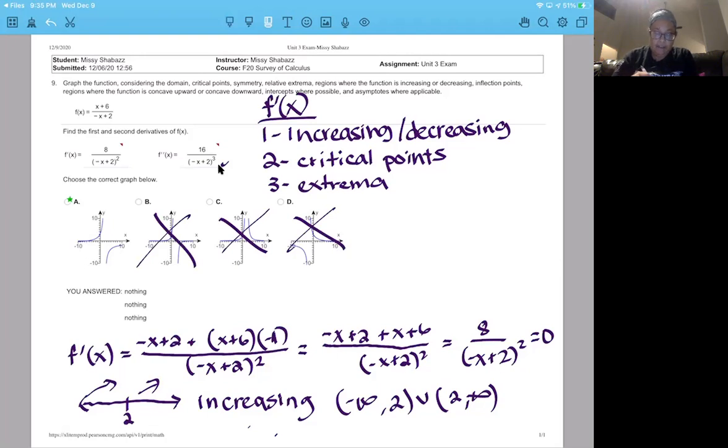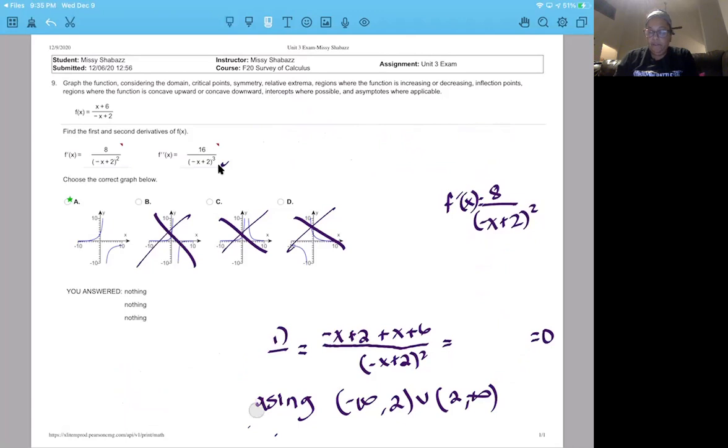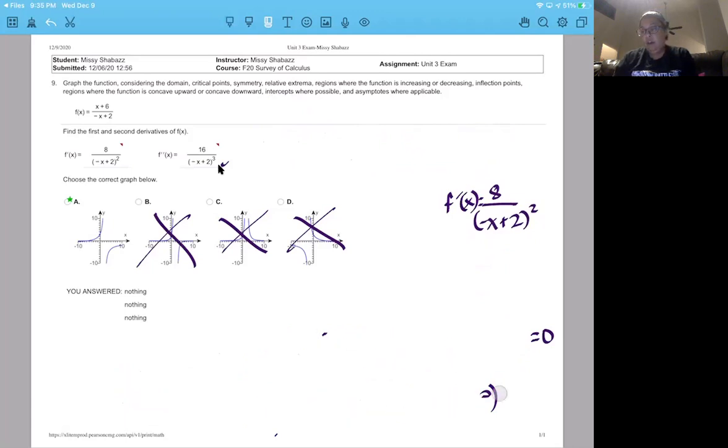So here's my first derivative. And let's just remind ourselves what the second derivative can tell us. The second derivative can tell us our points of inflection, right?